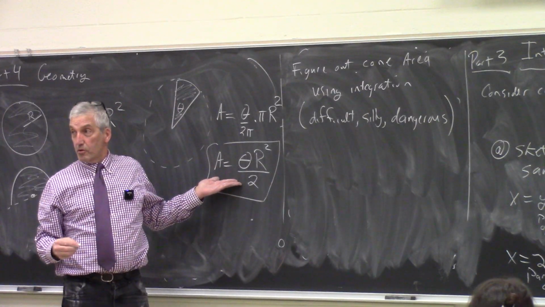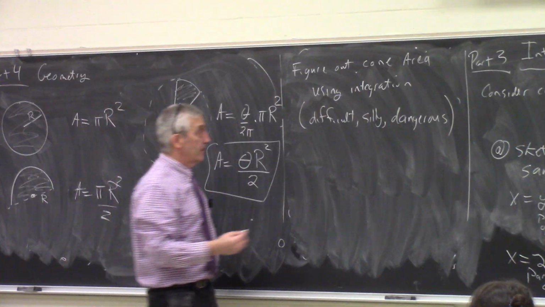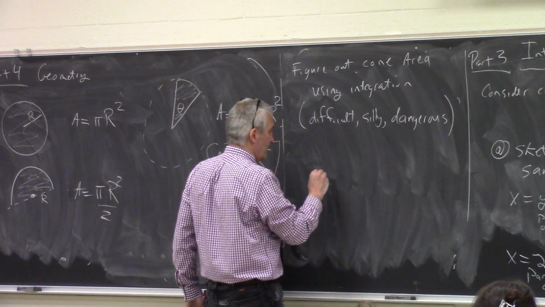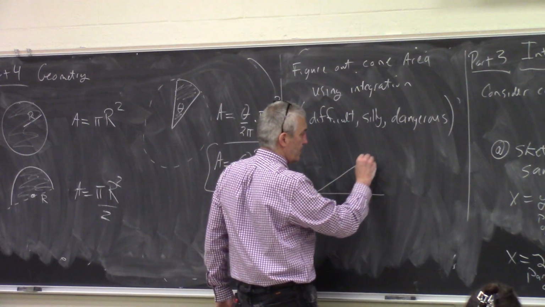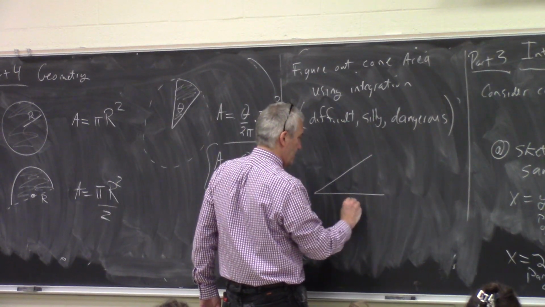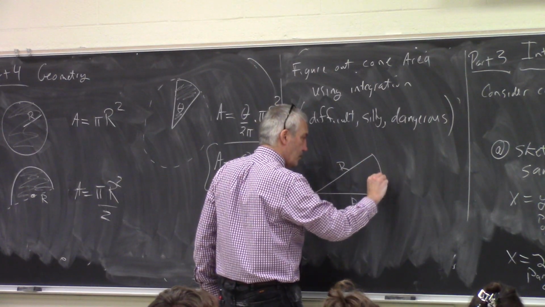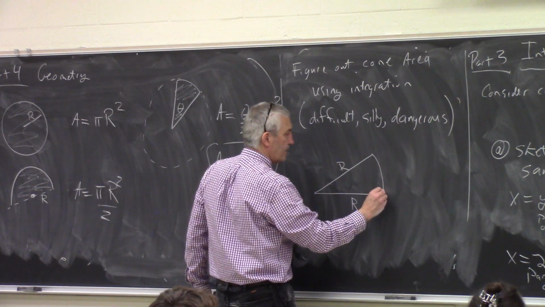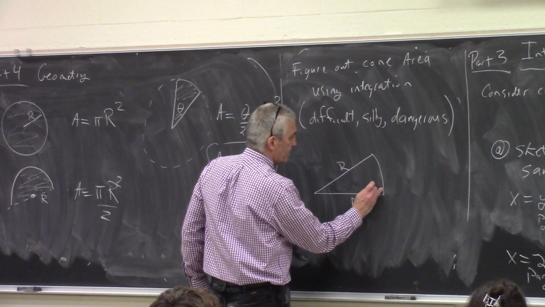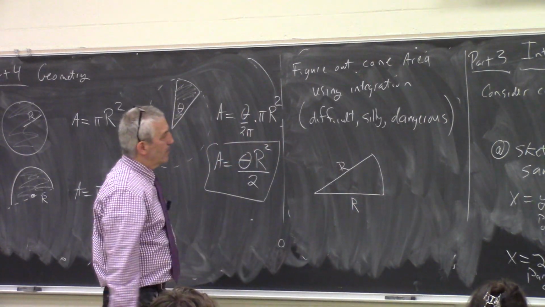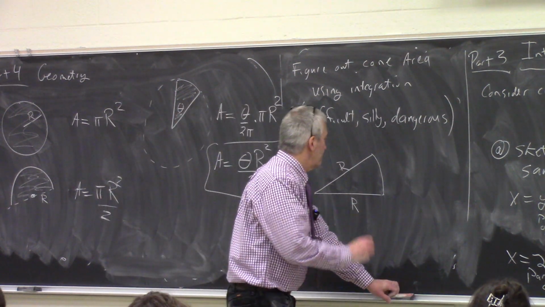We have a formula that you all can get behind. I think you just figure out how much of the circle you've got, and that's how much area you've got. So let's turn this cone on its side here. So this little bit of the circle, we've got this. And so this is theta.